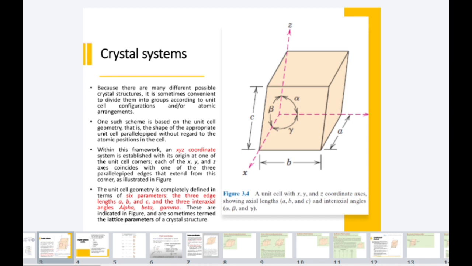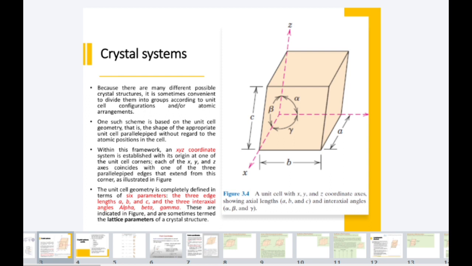If we want to pass X-rays or rays through the material, will it pass, will it reflect, will it refract? For all these things, we need to know the exact location of the atoms, the exact arrangement of atoms within the material, or within the unit cell, or within the crystal system.